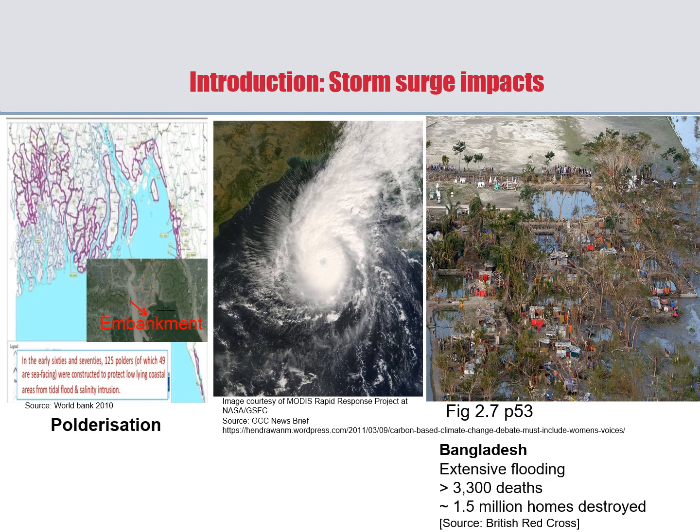However, this embankment doesn't work very properly. Here is a serious example. This figure shows that two years after cyclone Aila left, some areas are still underwater.